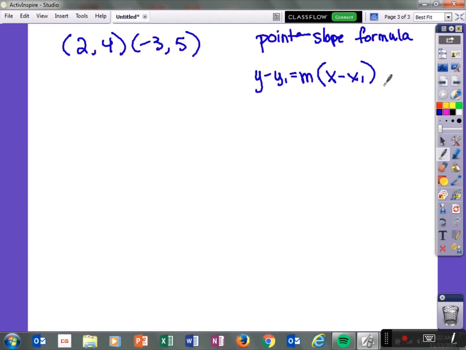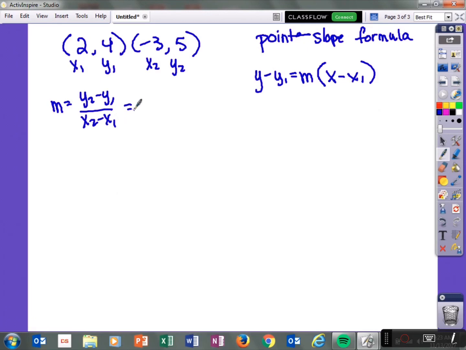All right, so we've already discussed that we've already got a point. We just now need to find the slope. So again, x1, y1, x2, y2. y2 minus y1, x2 minus x1.